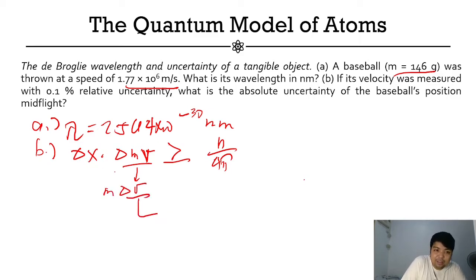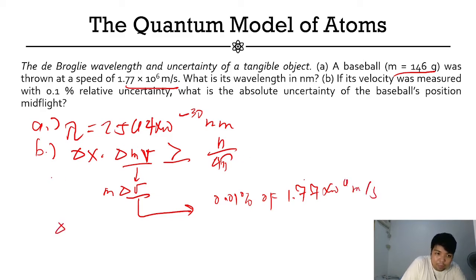In order to get this, we need to get the 0.01% of our velocity, which is 1.77 times 10 to the 6 meters per second, which is equal to 177 meters per second.